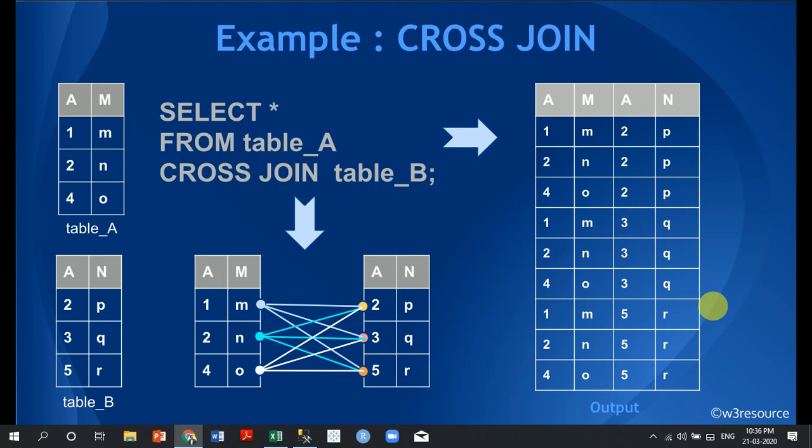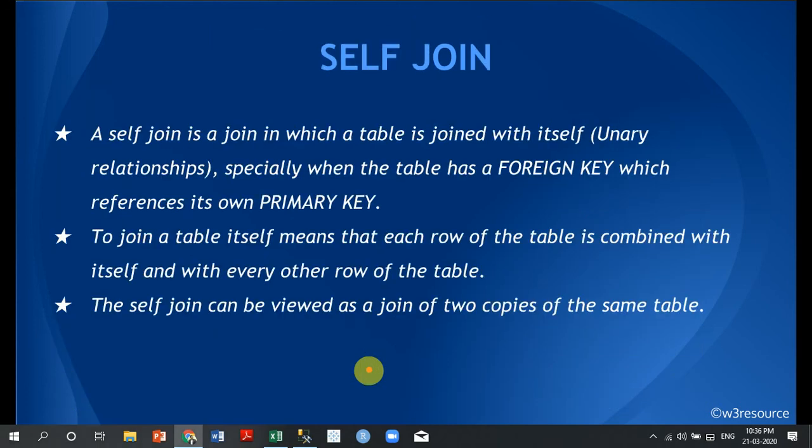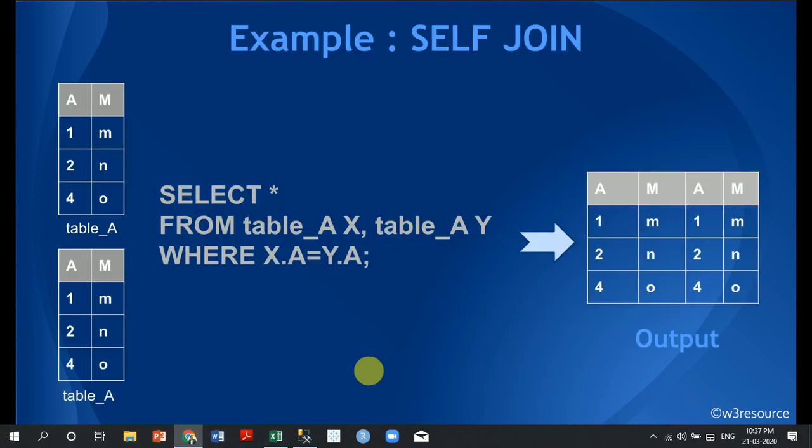It will give us the Cartesian product of both the tables. That means each row of the first table will come with all the rows of the second table. Now what does self join mean? When the table is joined with itself.